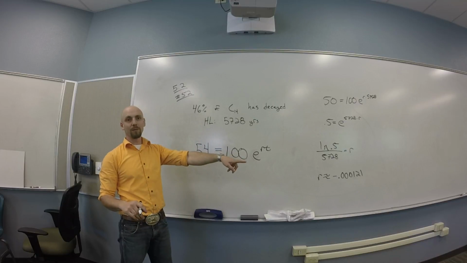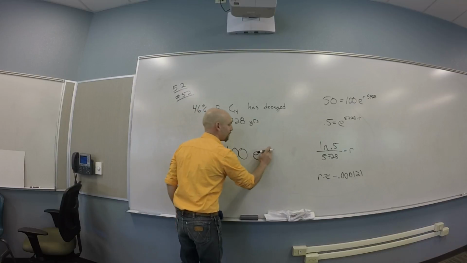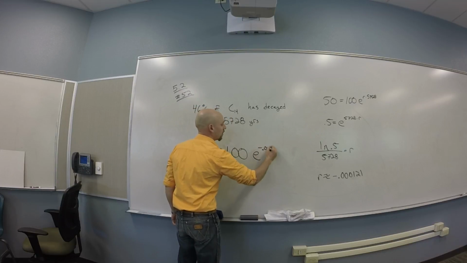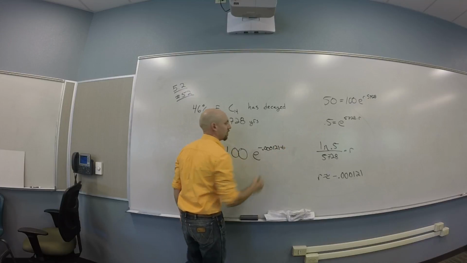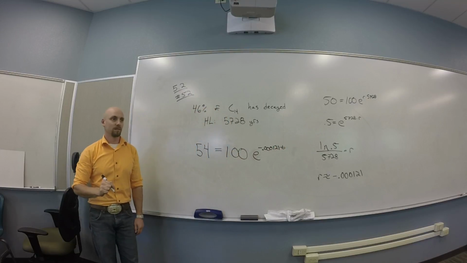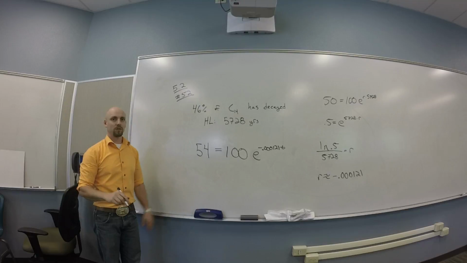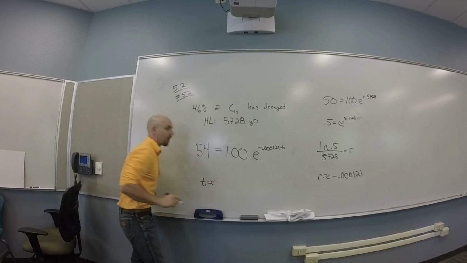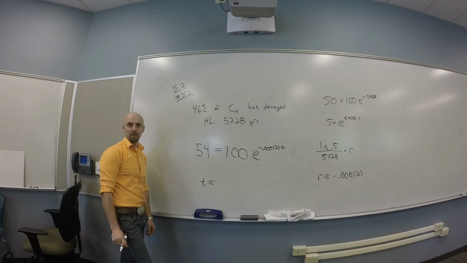And what do I do with that information? Plug it in. Take that and cram it in here. My first equation. And then what? Solve for t. Can anybody tell me what they got after they solve?